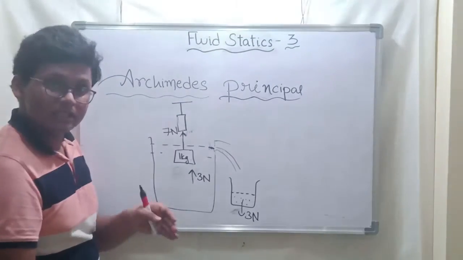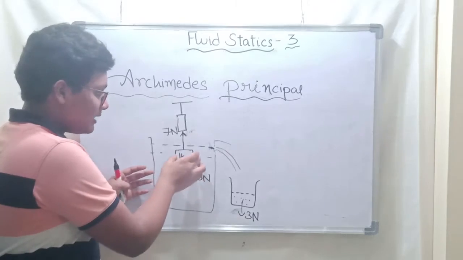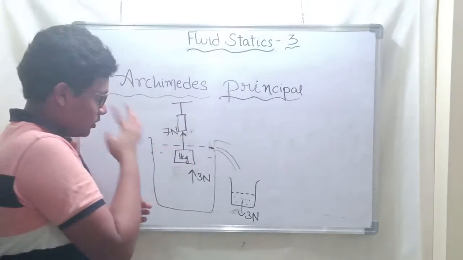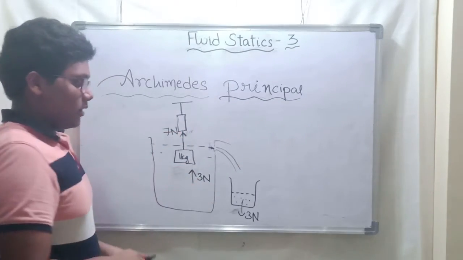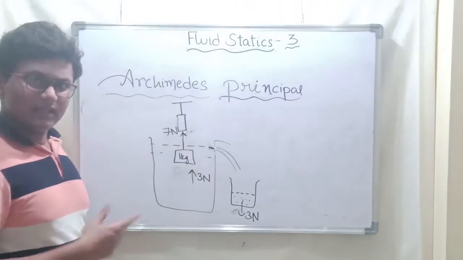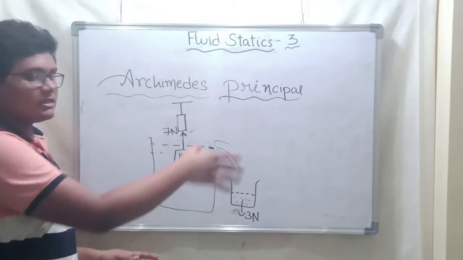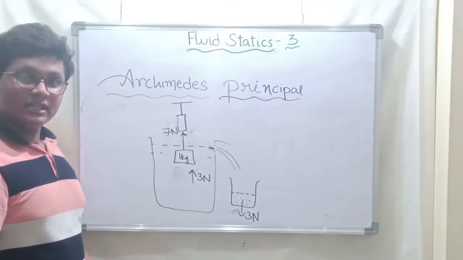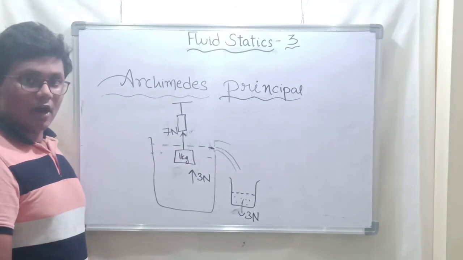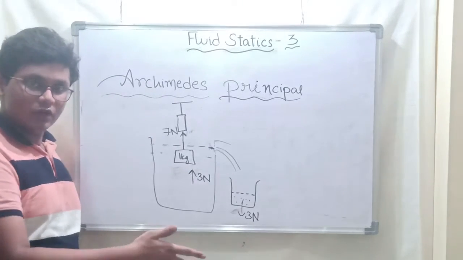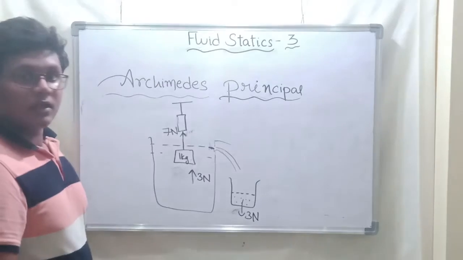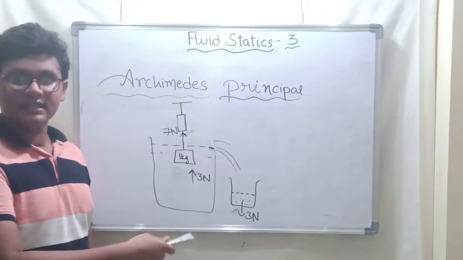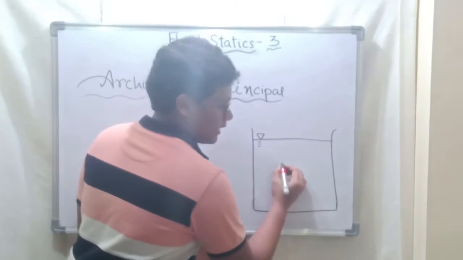So the buoyant force is acting upwards to make the body float. This is the buoyant force. Simply, Archimedes principle says that buoyant force is equal to how much fluid or liquid is displaced due to the submersion of a body. Now I will say the derivation of it.